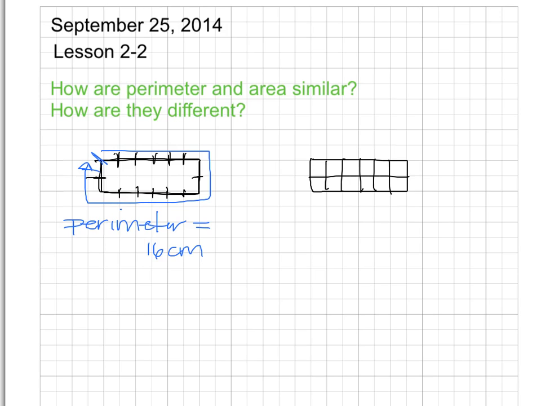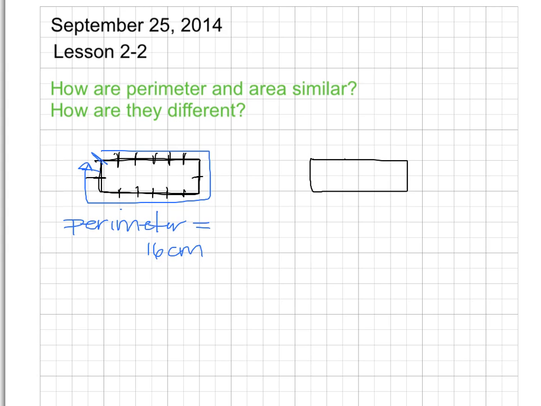And area, ladies and gentlemen, is the area that it covers. So area is going to be all of this. I'm going to erase that, I think. Oop, that's too much erasing though. Let's just get rid of all of that there.